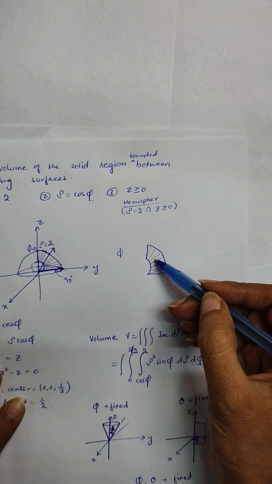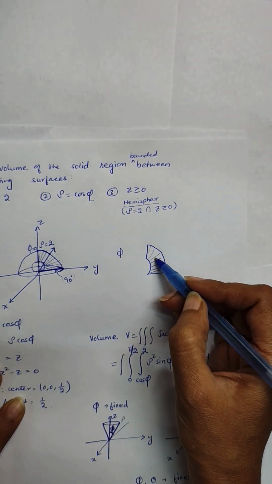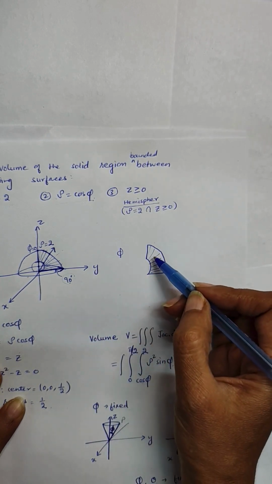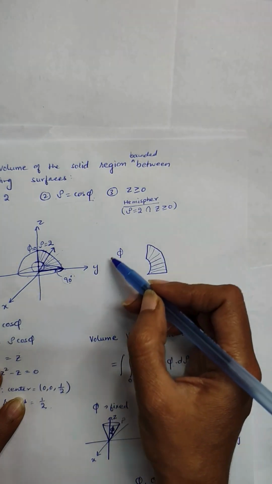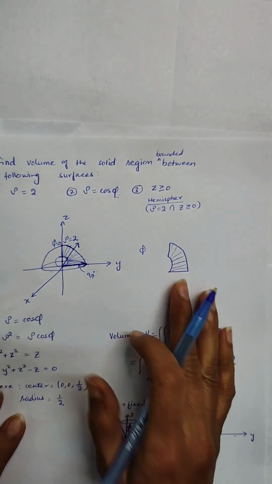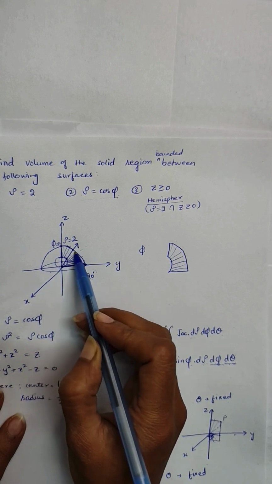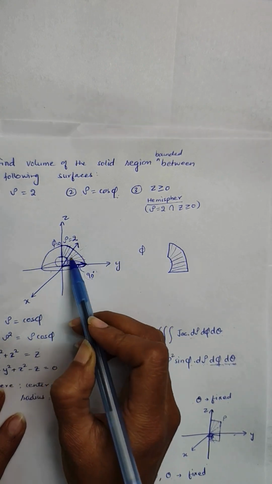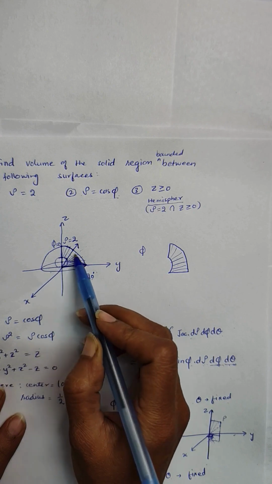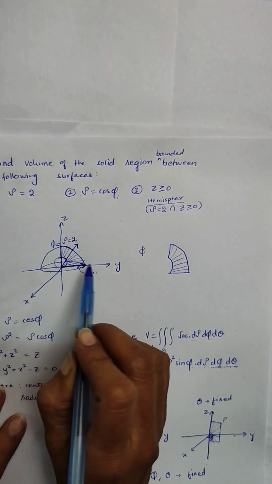For this patch theta is fixed, so when we change theta, we'll be rotating this region around the z-axis. We want to be able to cover the whole volume inside this solid. So what should be the limits of theta to make sure that when we rotate it around the z-axis, we cover the whole volume? It's clear that the limit of theta should be from 0 to 2 pi. We need to rotate this patch around the z-axis once to cover the whole volume.